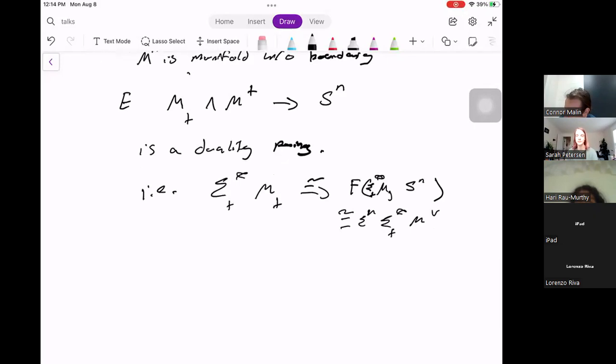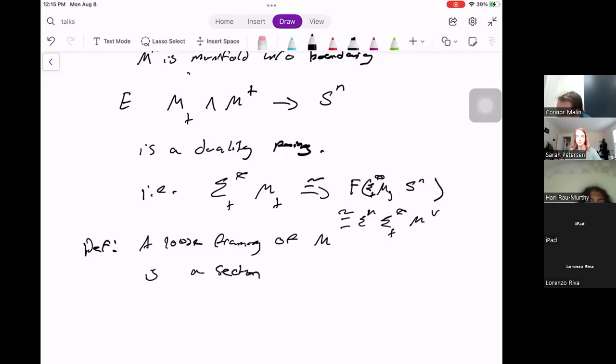Okay. So first off, let me give you a definition. Okay. A loose framing of a manifold M is a section of this map. And this is evaluation at the origin.